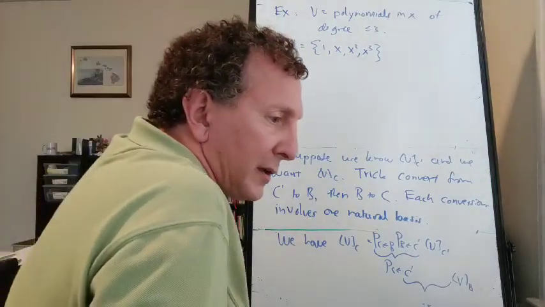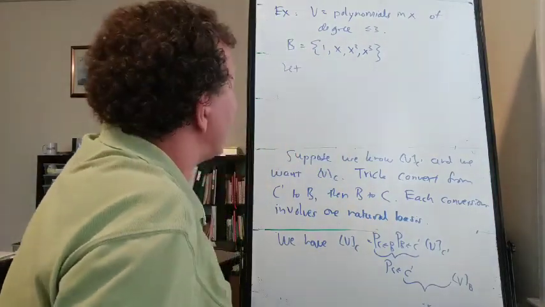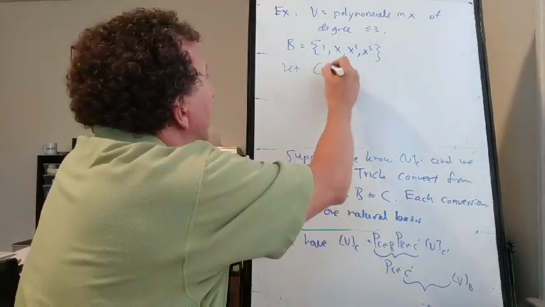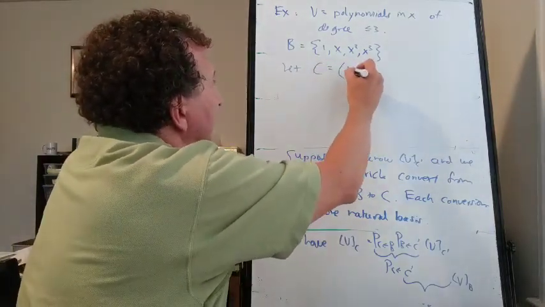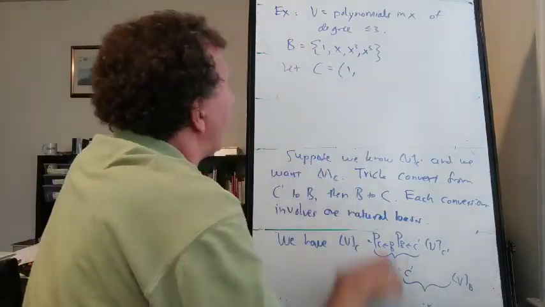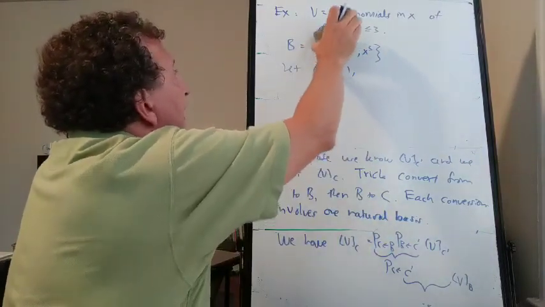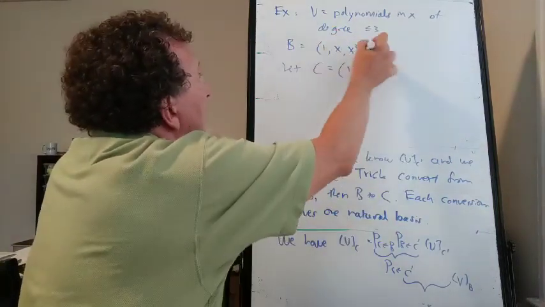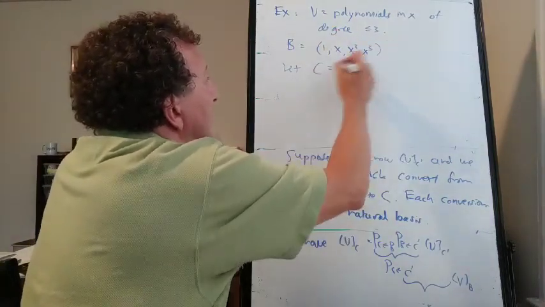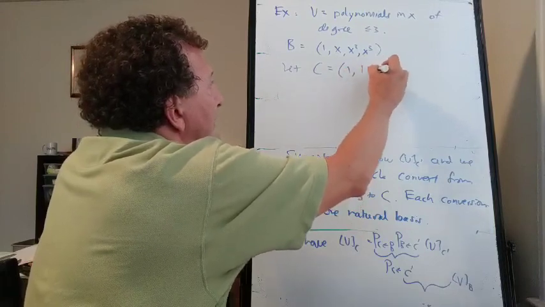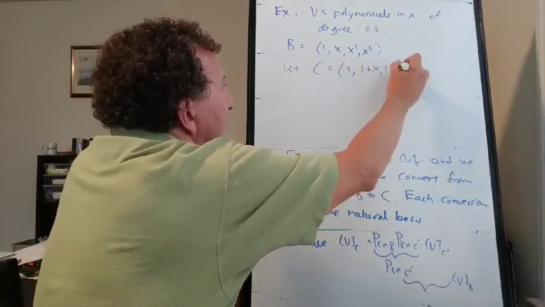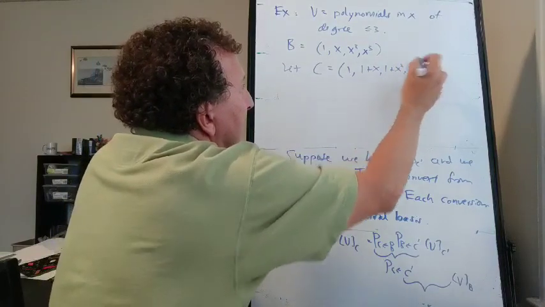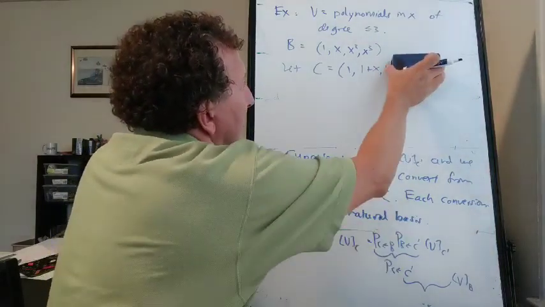All right, now let's look at two non-natural bases. Let C be the basis we used last time. I should have parentheses here instead of curly braces, because let's remember the order here. So C is going to be the basis 1, 1 plus x, 1 plus x squared, I'm sorry, this one is 1 plus x squared.